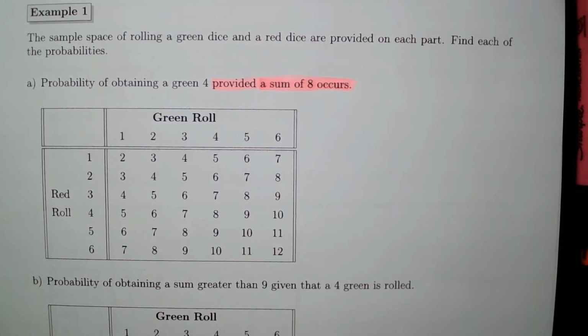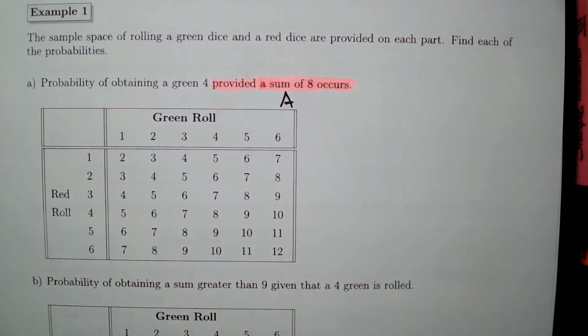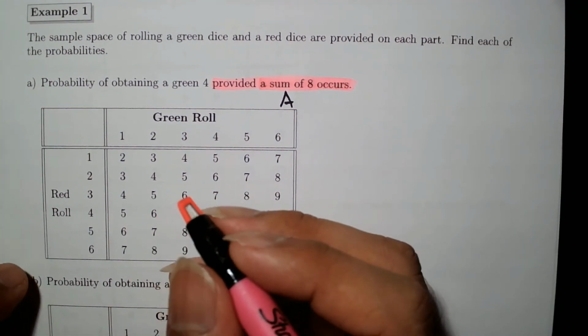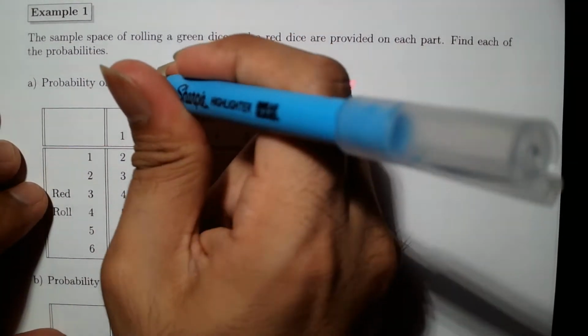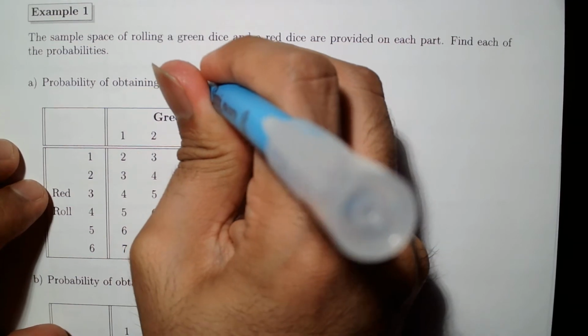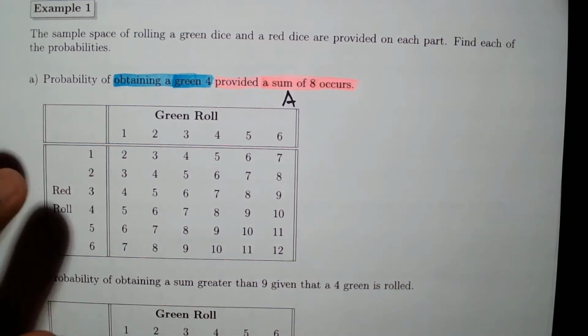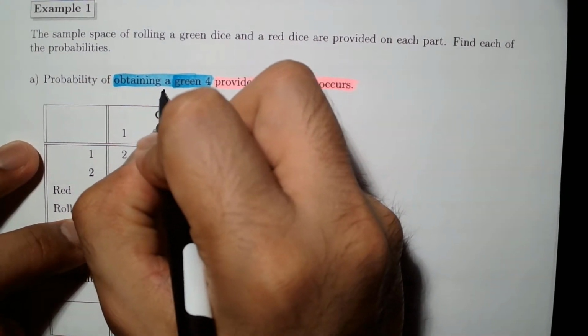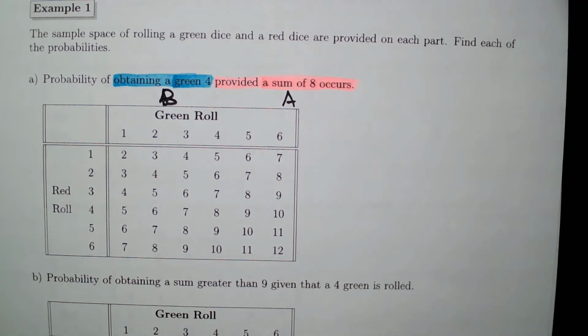The other event will be the event B, which I will highlight, green 4. Obtaining a green 4 given the other event.